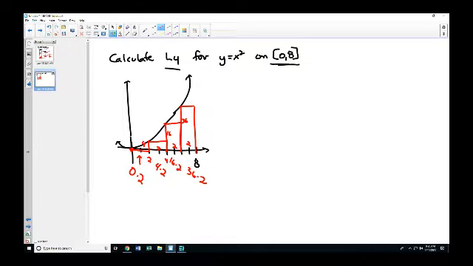We're putting a rectangle in, calculating the area. So the integral from 0 to 8 of x squared is approximately, and then do your math.